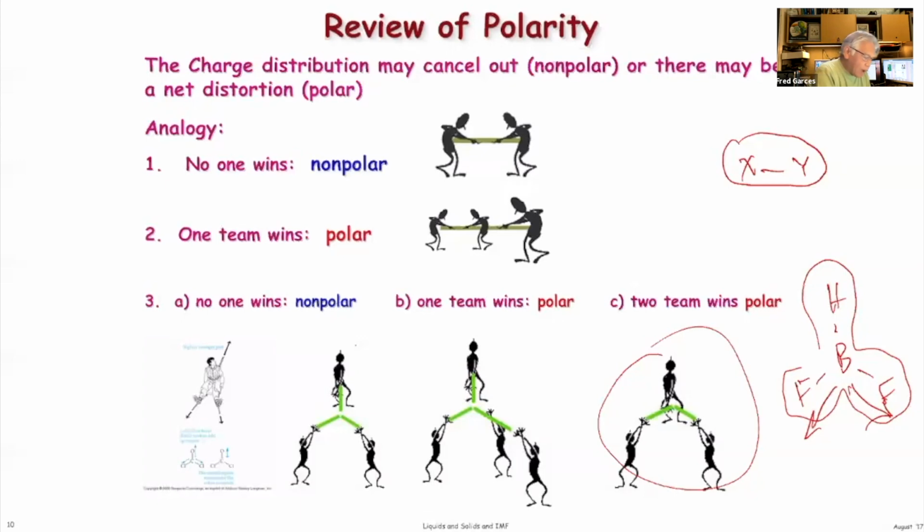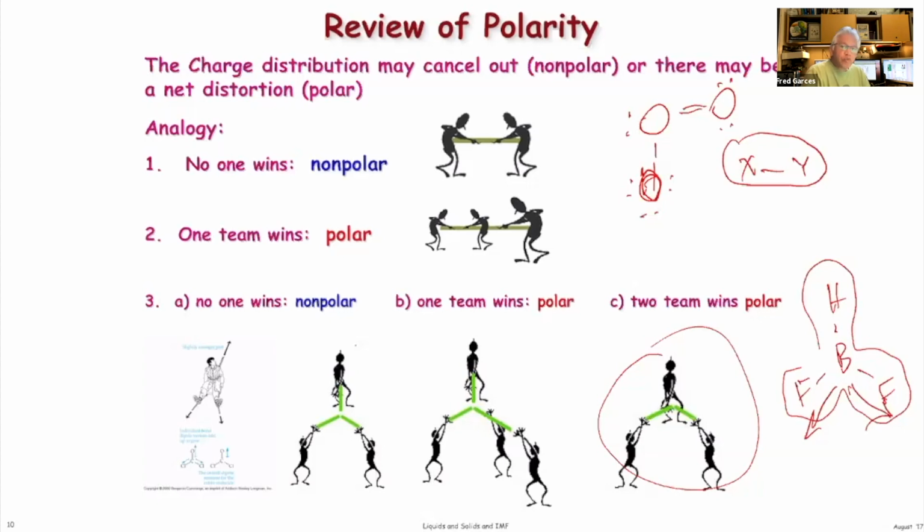But how about something like ozone? You guys hopefully remember the Lewis structure of ozone. Ozone is O3, and yet that chemical is polar. The question is, they all have the same atoms in its makeup, so how could it be polar?